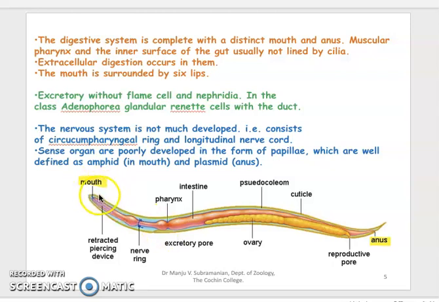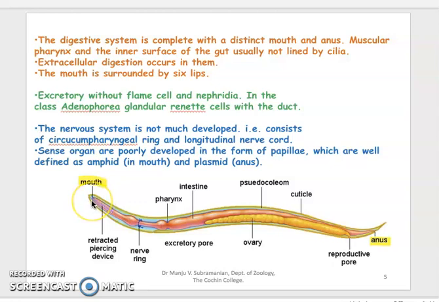The mouth is surrounded by lips, so-called lips. Then the excretory system, this portion we will come to when we take in detail the different examples. We will come in detail about this lip portion.